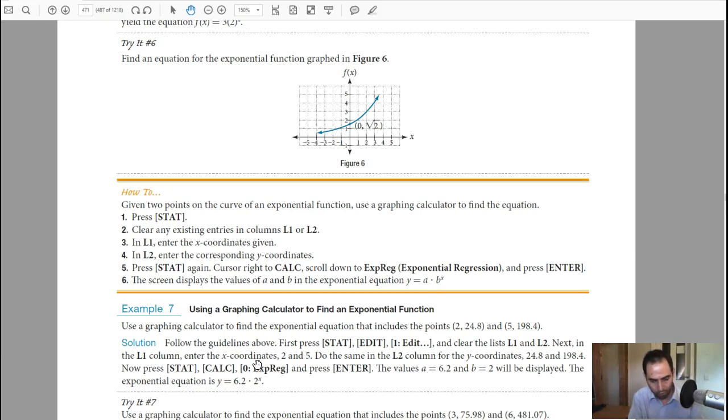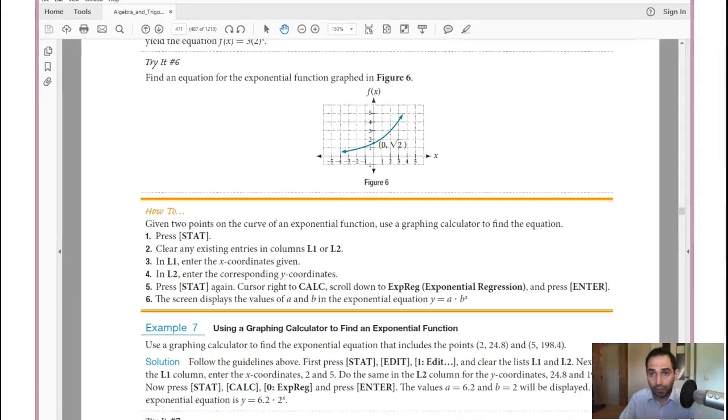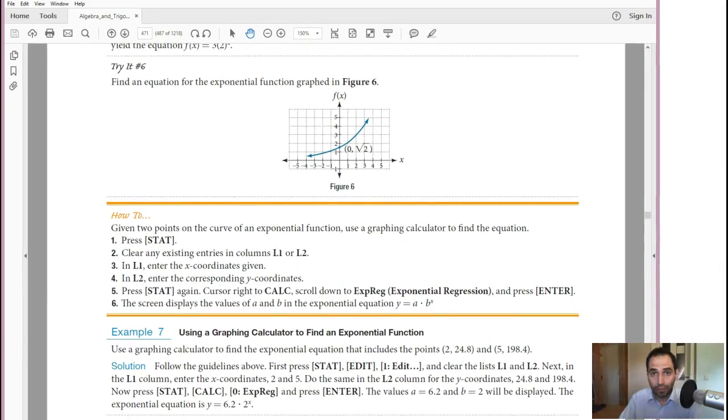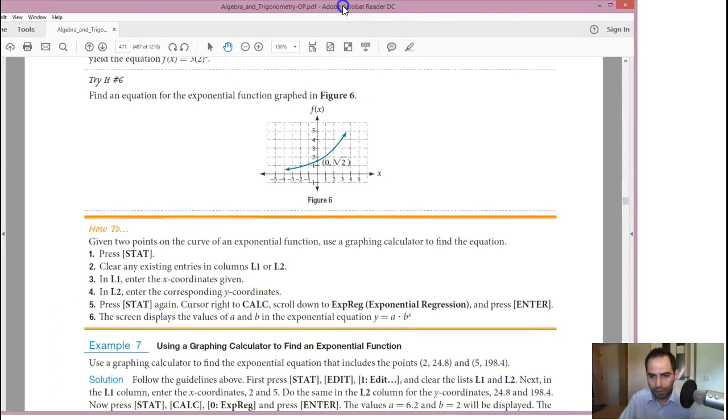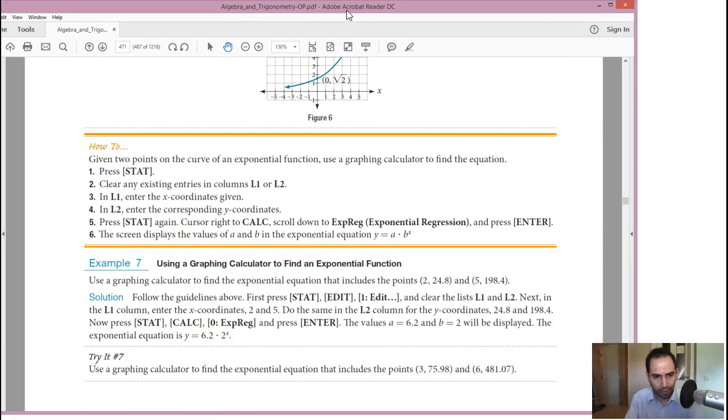I could tell you what to do on my own calculator, but I don't know what sort of calculator you have. That's all I can say about this.